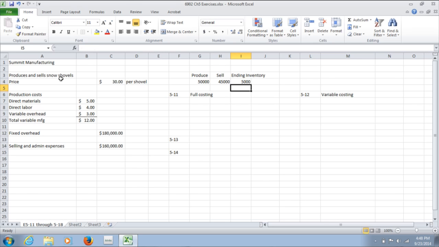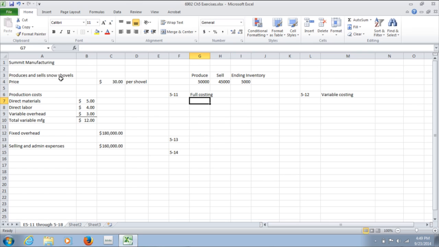So now the question is, out of these 5,000 units that are in ending inventory, what's the difference in valuation under the two methods? Both methods will have the 5,000 units, 5,000 shovels, but what's the difference in cost?